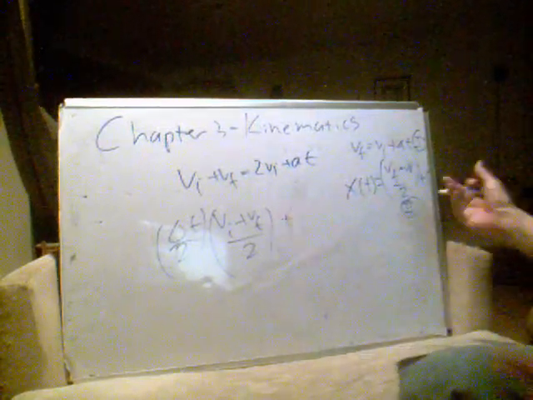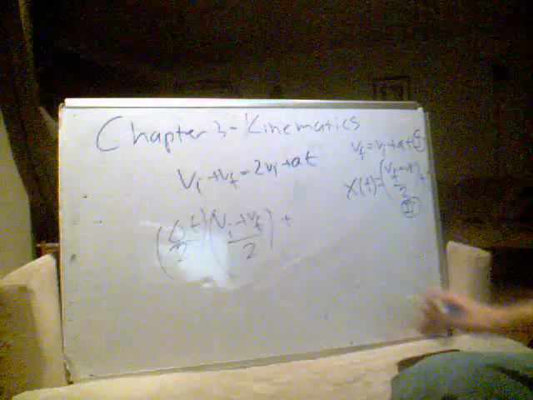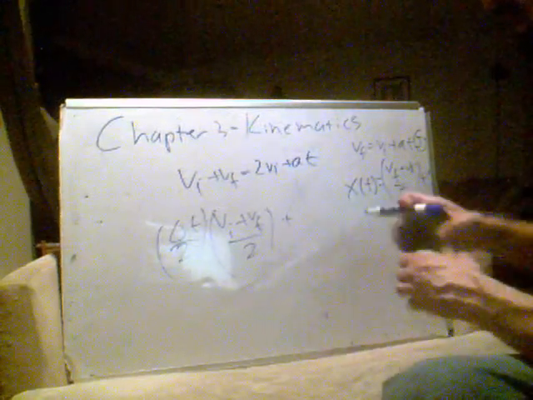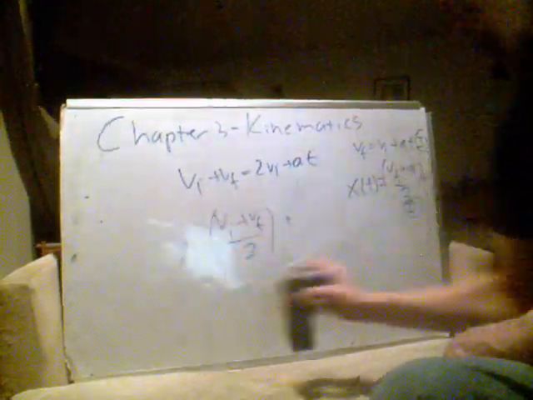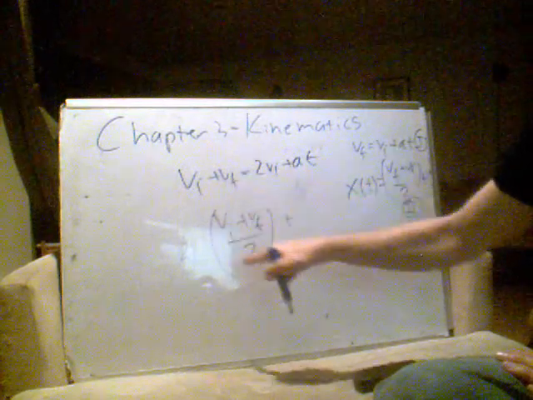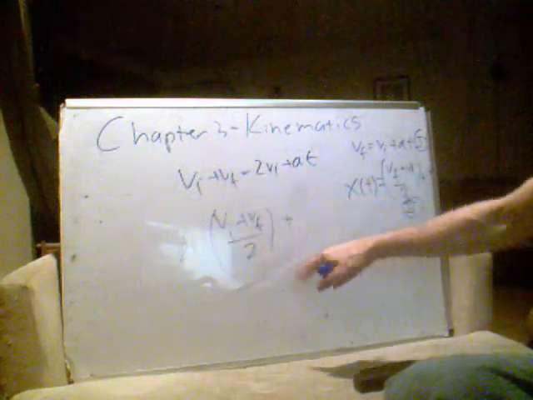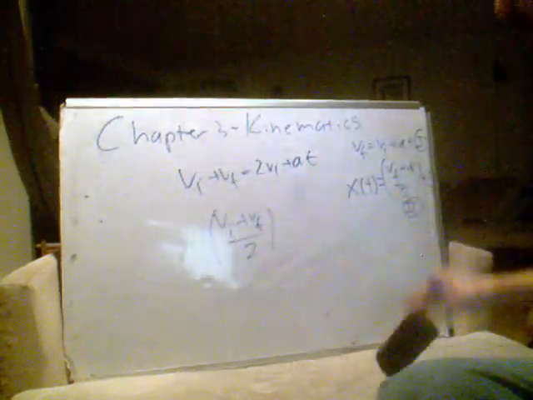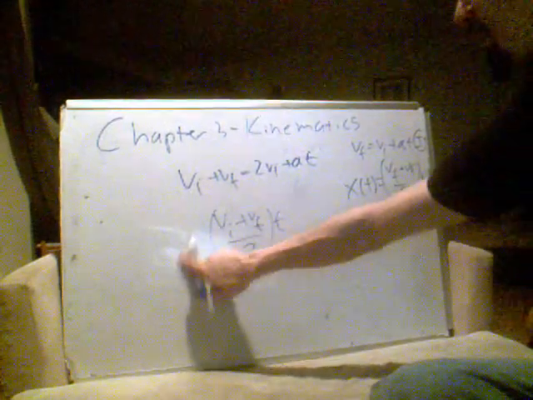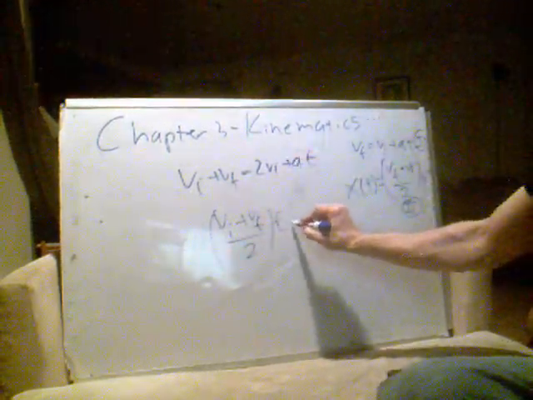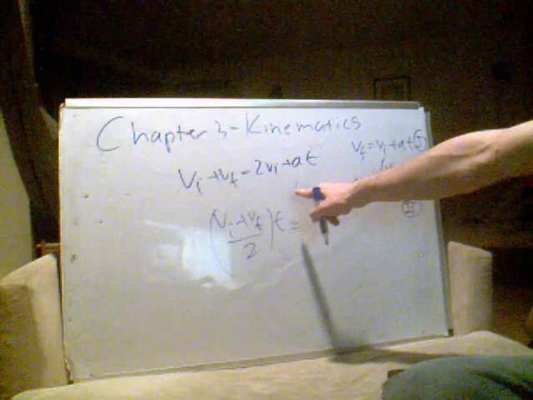It doesn't really mean anything, it just means change. So I took this and multiplied it by delta t over 2. We ended up with this term. And then we're going to do the same thing on this side.